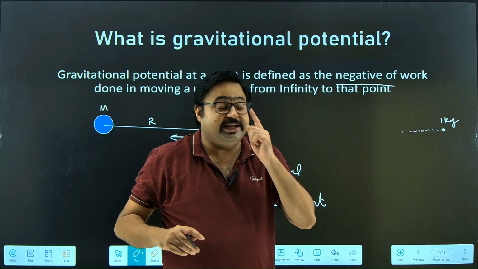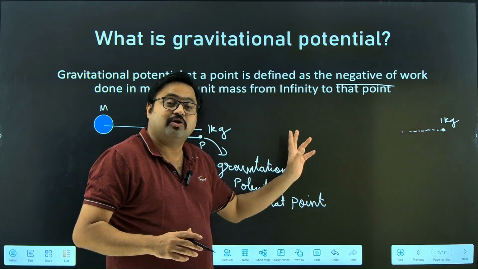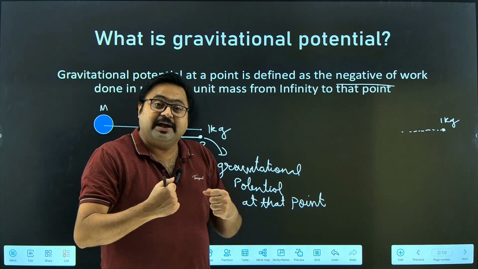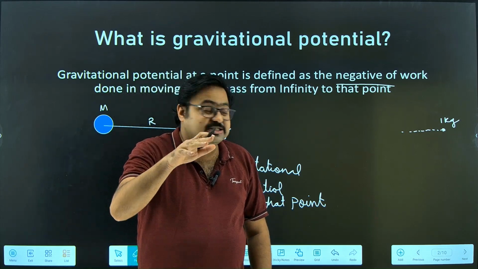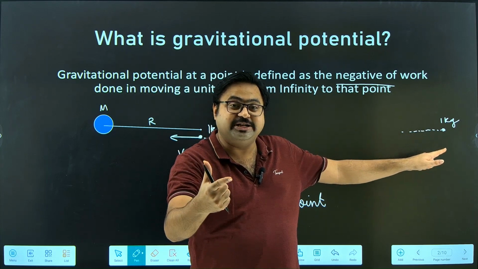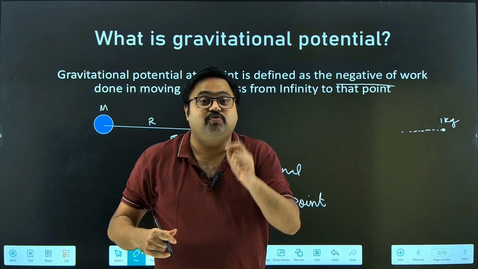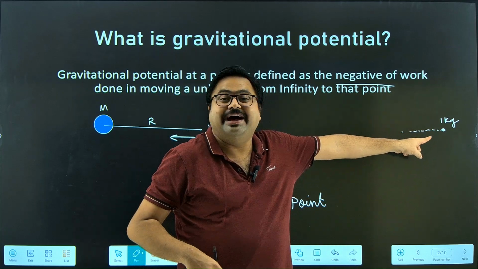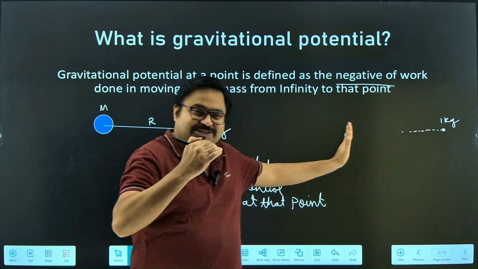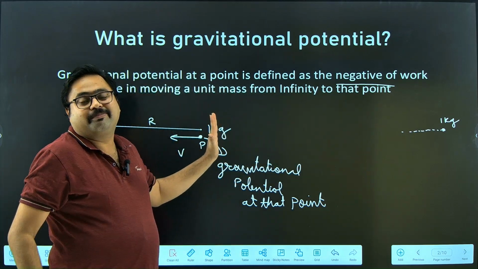It was at infinity. It's only when it got closer and closer that it started attracting, and then it gained kinetic energy because of that. So we understand that there it neither had kinetic energy nor potential energy, so the total energy was always zero at that point. The potential energy then reduced and became kinetic energy.